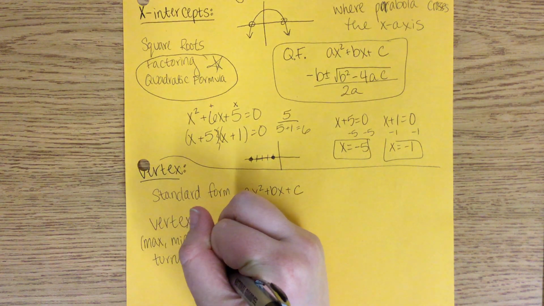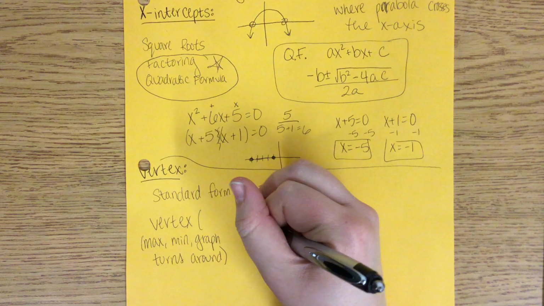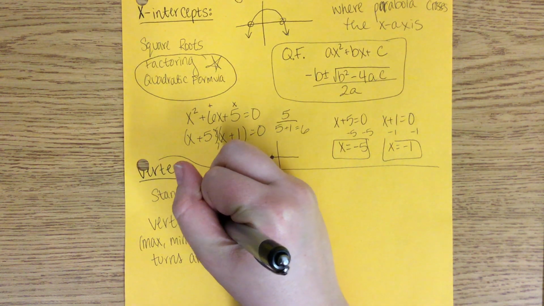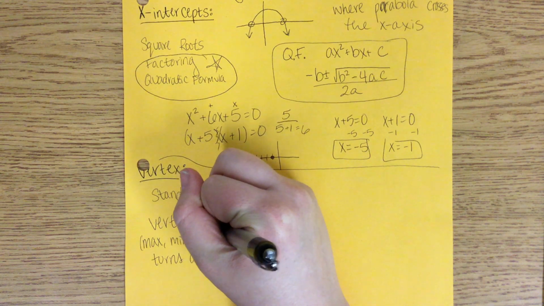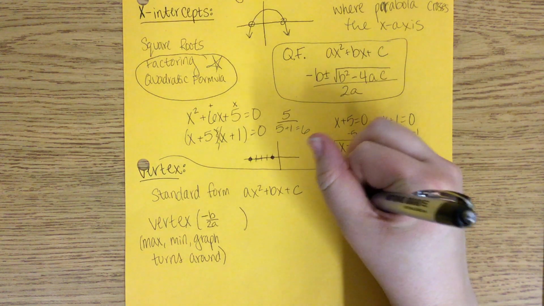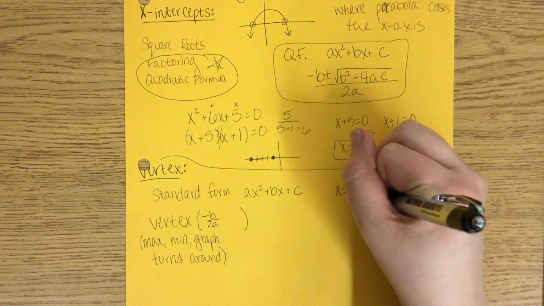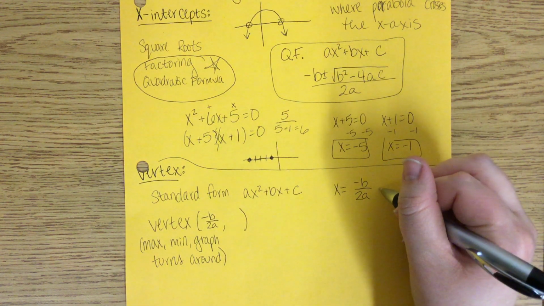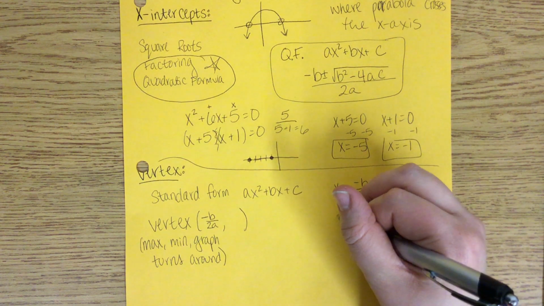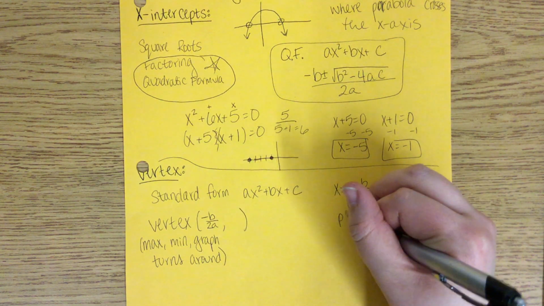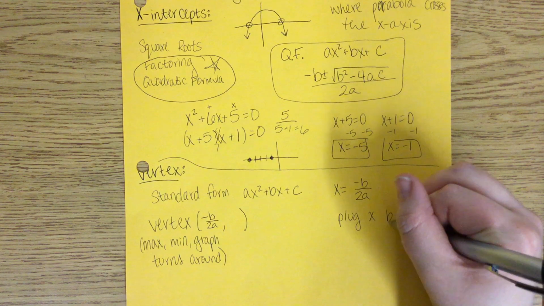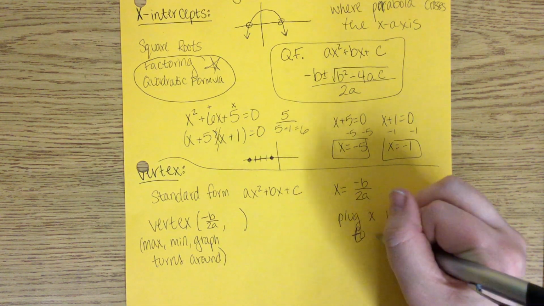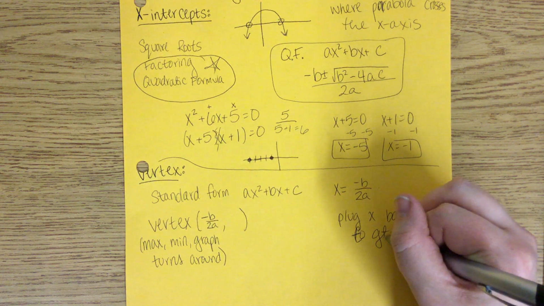Okay. I find the vertex. I start by finding the x-coordinate, where I use negative b over 2a. Then to find y, I plug whatever I get for x back into my equation to get y.